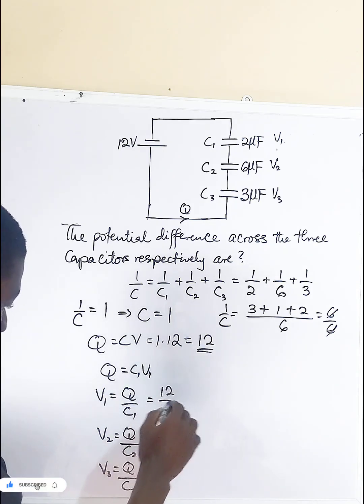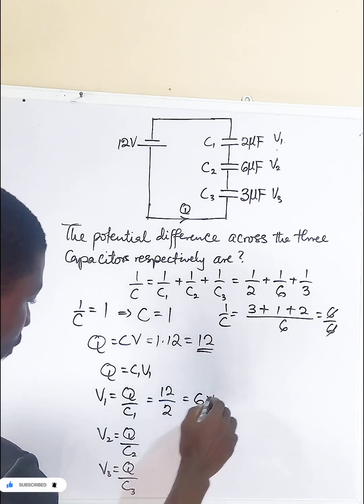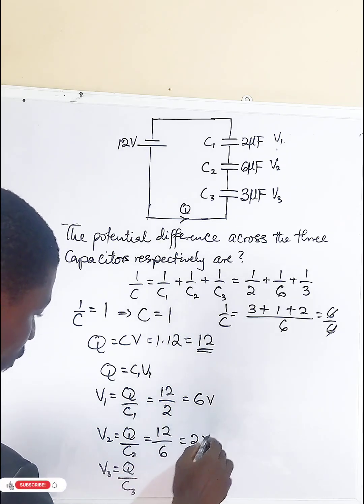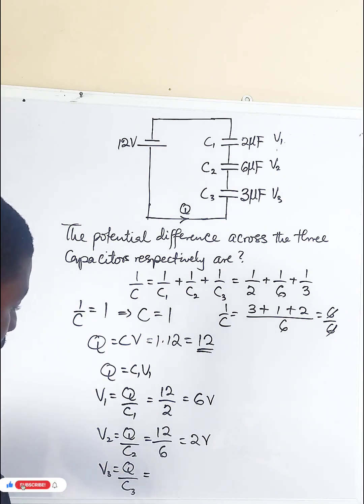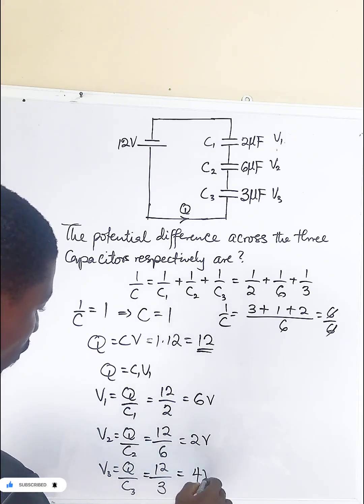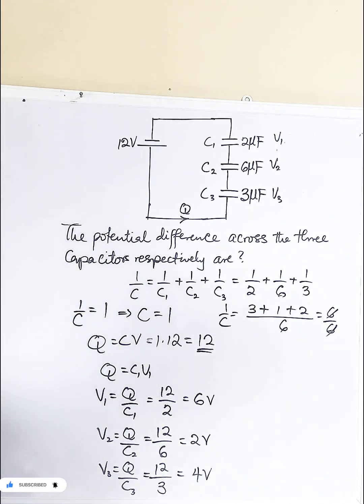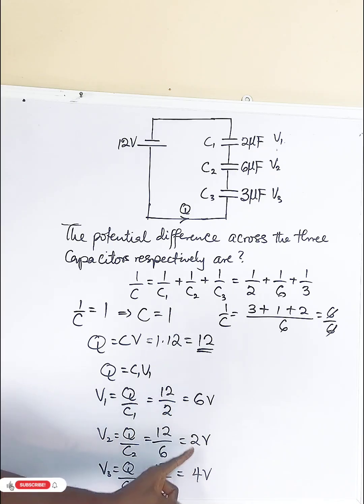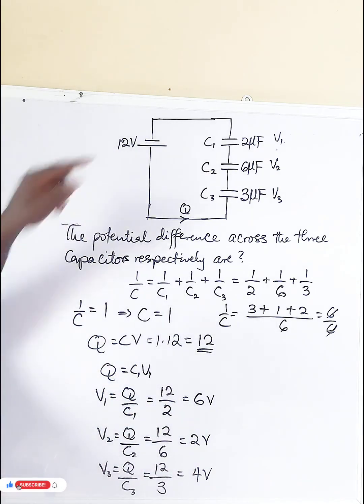So 12 over C1, which is 2, gives us 6 volts; 12 over C2, which is 6, gives us 2 volts; and 12 over C3, which is 3, gives us 4 volts. If you add everything together, you have 6 plus 2 plus 4, which is 12.